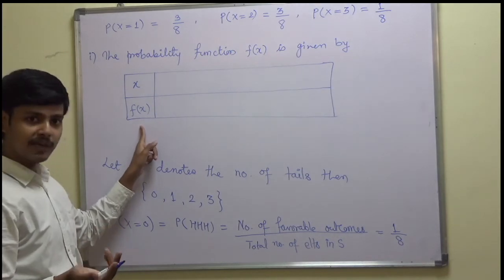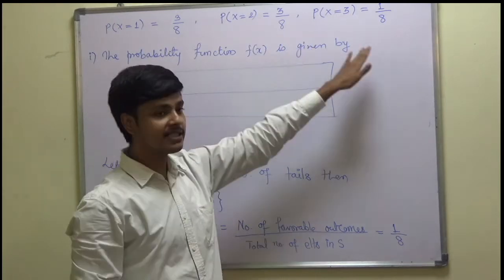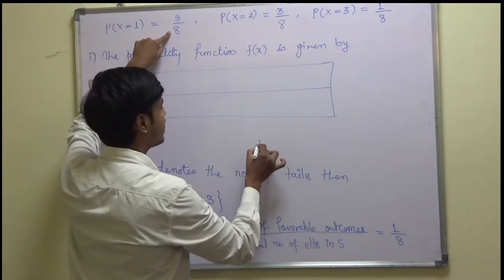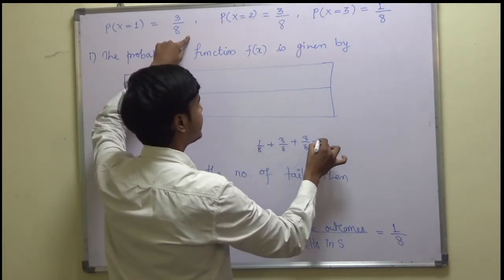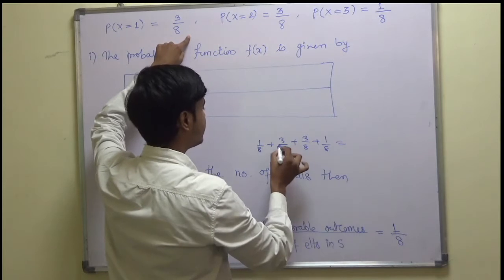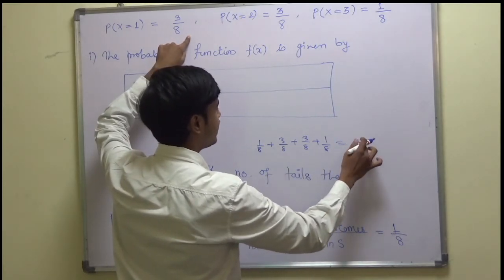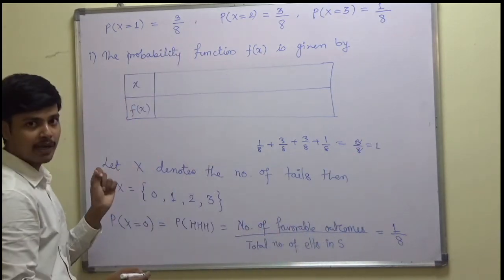Because it satisfies both conditions. What is it? The first condition, all the probabilities are greater than 0, and what is the sum of the probabilities? This is 1 by 8 plus 3 by 8 plus 3 by 8 plus 1 by 8. So what is it? 4 plus 4, 8. So this is 8 by 8. So this gets cancelled, 1. That is why I am saying it is a probability function.